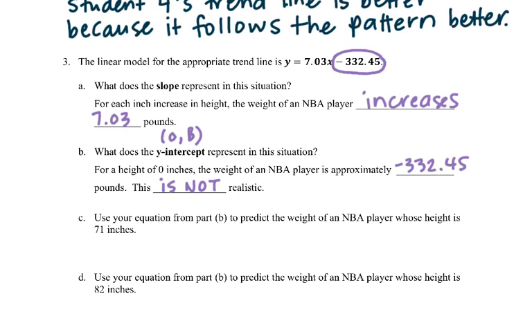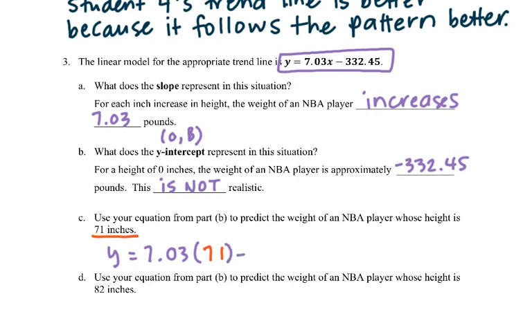Part C and D, we're using our equation up here at the top to make predictions based on more realistic heights. So not a height of 0, but let's say a height of 71 inches. How much do you think that that NBA player would weigh? So we're going to use our model y equals 7.03, and instead of x, we're going to actually plug in 71 inches.